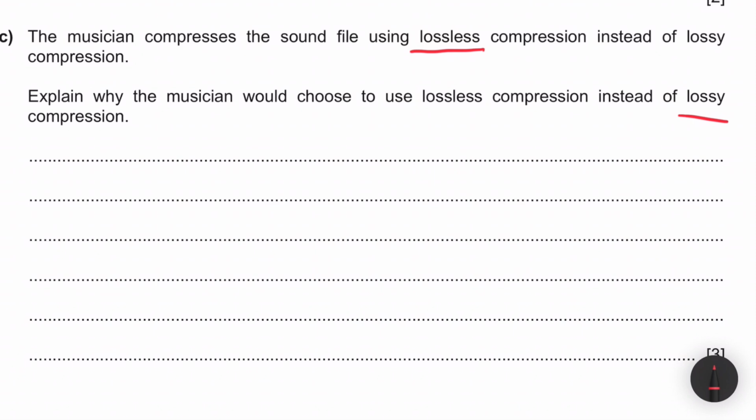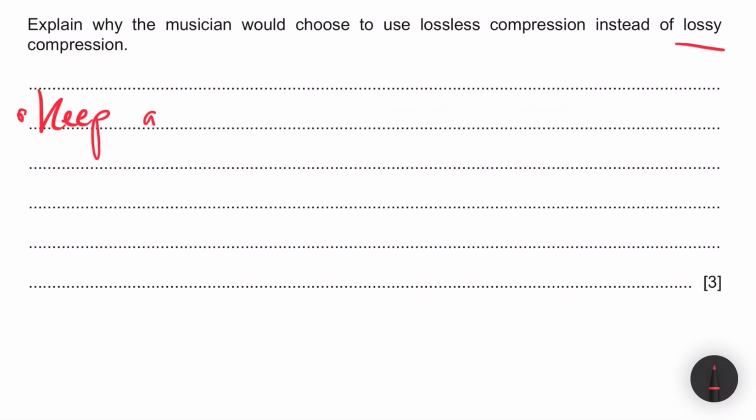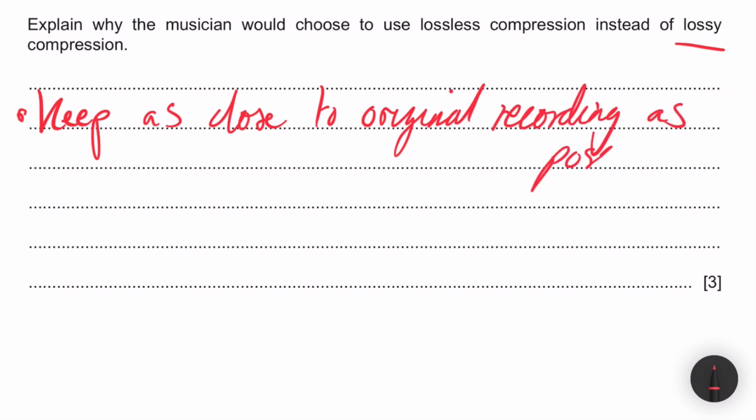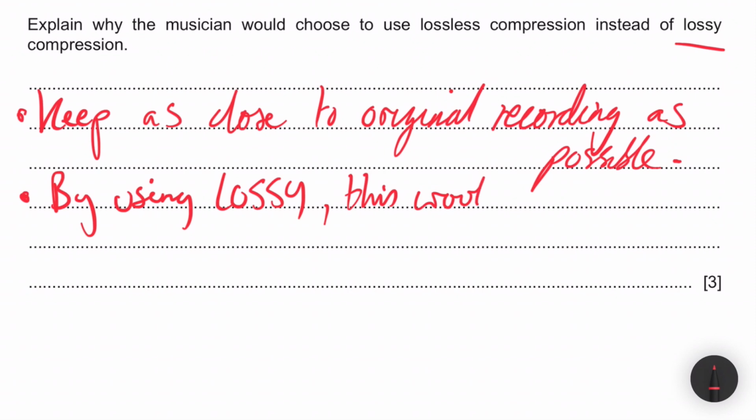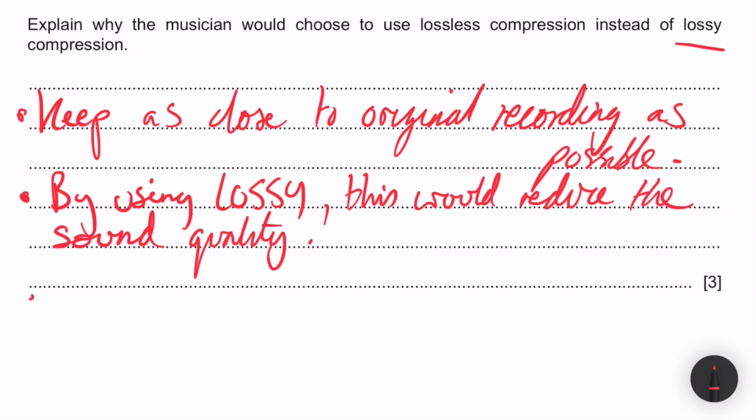So we'll put some bullet points in. Keep as close to the original recording as possible. Okay, that's the main reason why you would do it. By using lossy, this would reduce the sound quality. It's basically the same thing, but in reverse, so it would get you 2 marks.